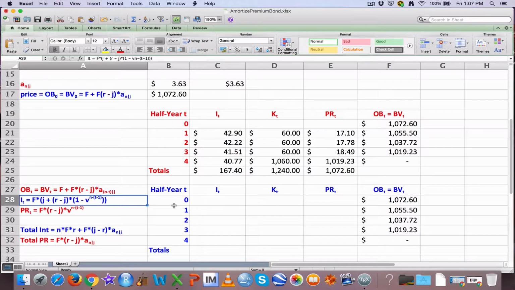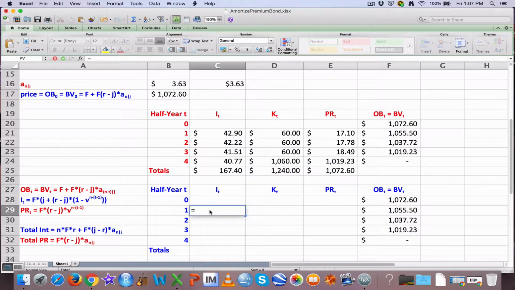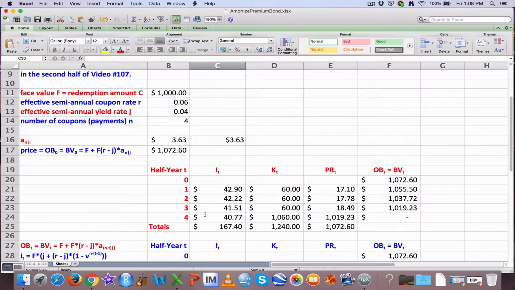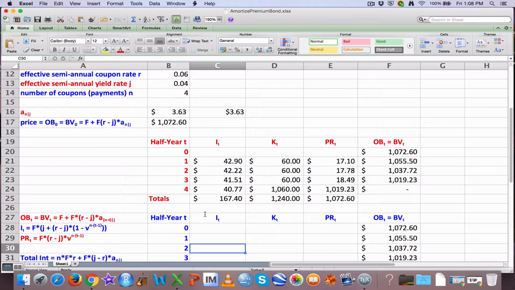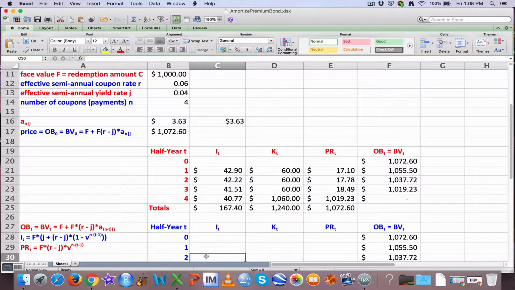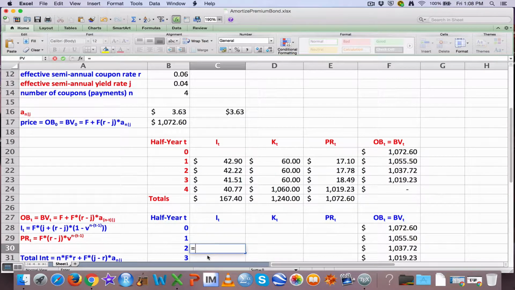Now let's go on to this one, starting in time 1. Okay, again, F is in cell B11, which now you can't see anymore. Use dollar signs. Times, I'm looking at this formula in cell A28.